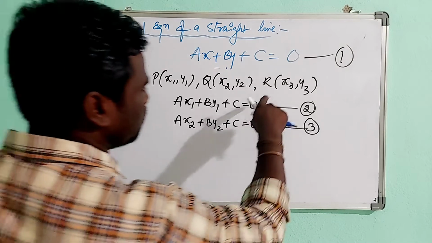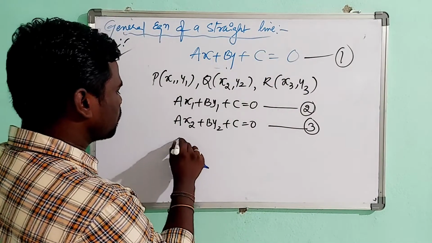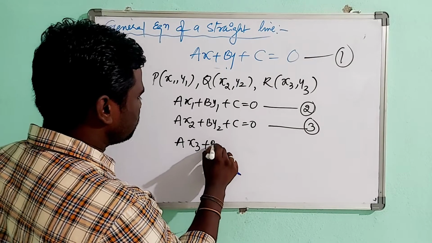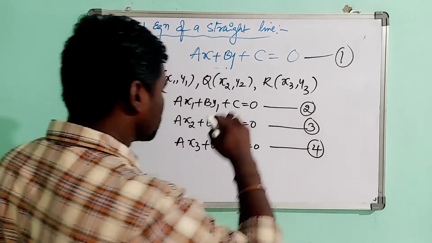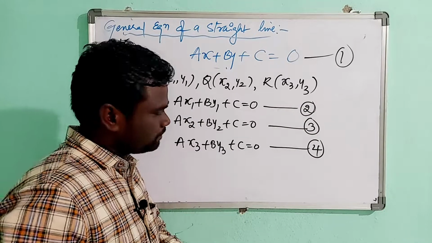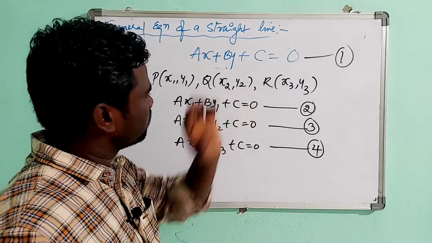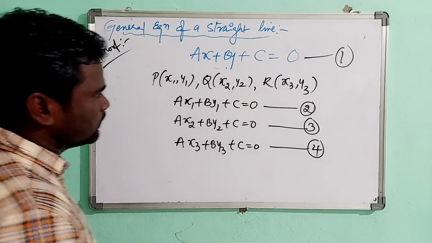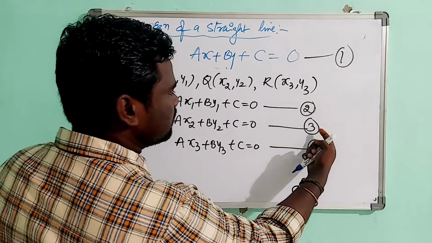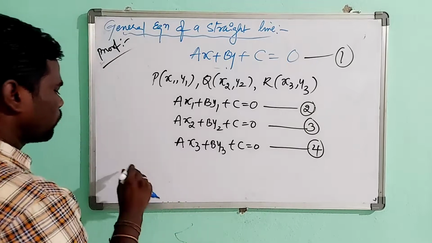And the third one is x3, y3. If this point lies on this, then we get a x3 plus b y3 plus c equal to 0. This is equation number 3. Here P, Q and R all lie on this line. Now I subtract the first from the second.